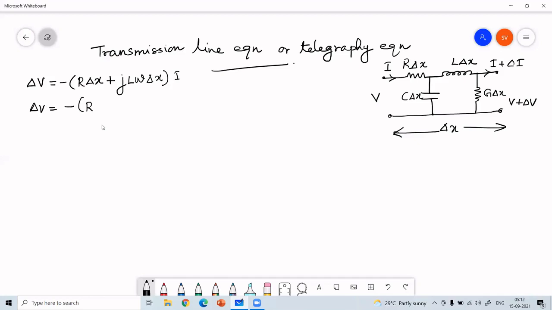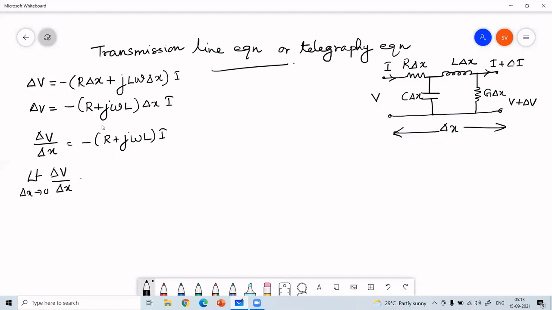So let us write delta V is equal to minus of R plus J omega L into delta x into I, or delta V by delta x is equal to minus of R plus J omega L into I. Now suppose that this delta x is infinitesimally small, so limit delta x tends to 0, delta V by delta x can be written as dV by dx is equal to minus of R plus J omega L into I. This is equation number 1.